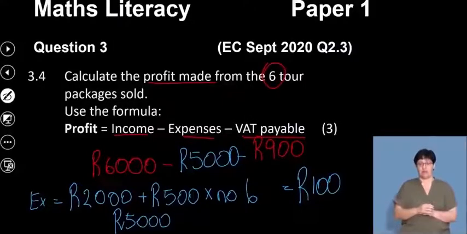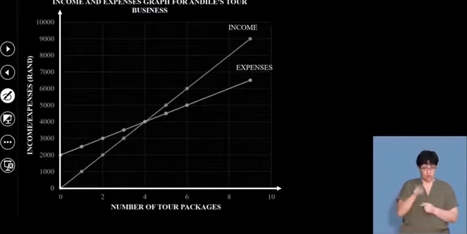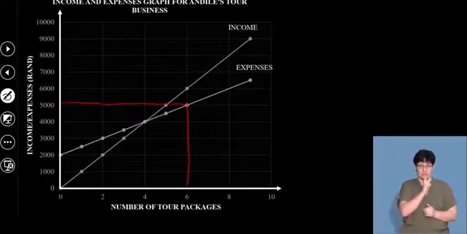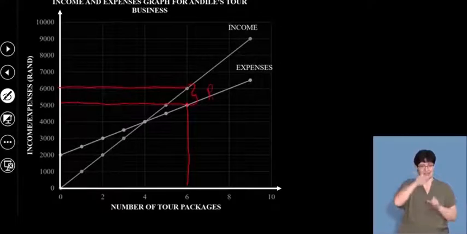Have I answered the question? It says calculate the profit made from 6 tours. I have. I'd like to show that to you on the graph though. If I take a colored pen, let's do red, and I look at 6 packages, I can see that that was my 5,000, then that was my 6,000, and the difference here was my 1,000.